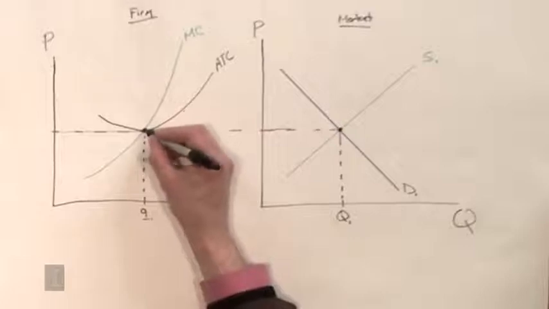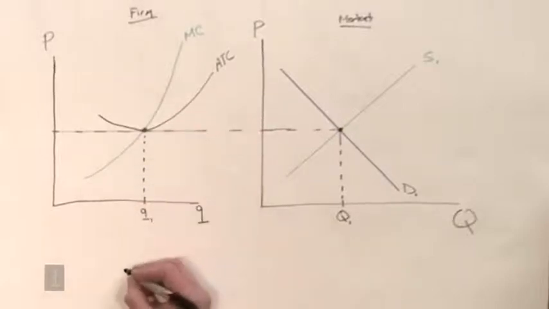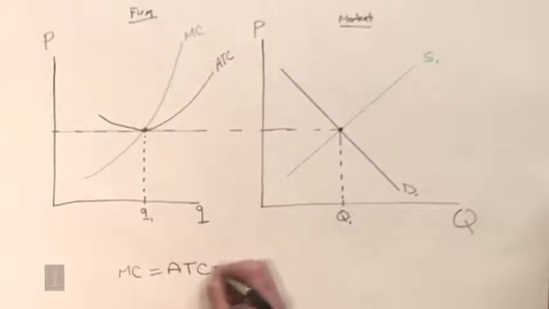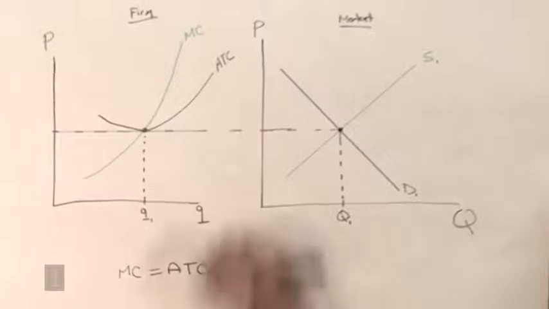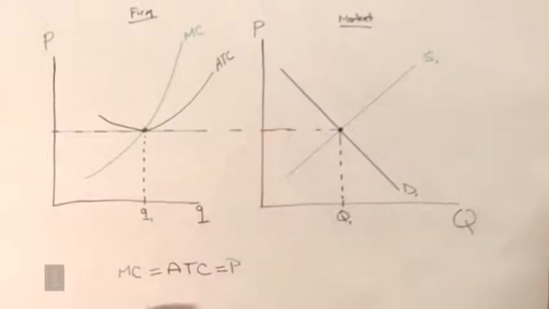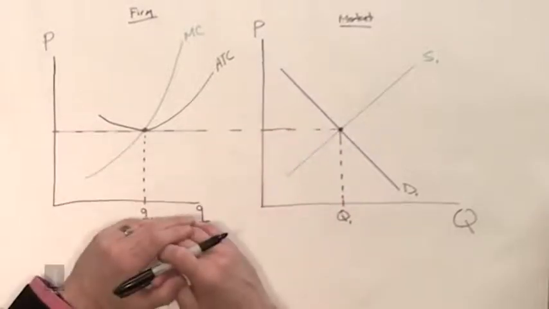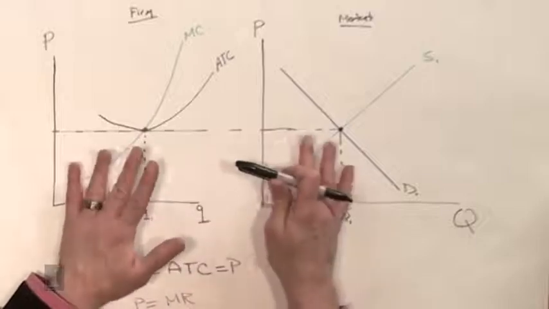And in the long run, the firm is going to produce at a point in which the marginal cost equals the average total cost and also equals the price, because for the firm, price and marginal revenue are equal to each other. So this situation represents long-run competitive equilibrium.